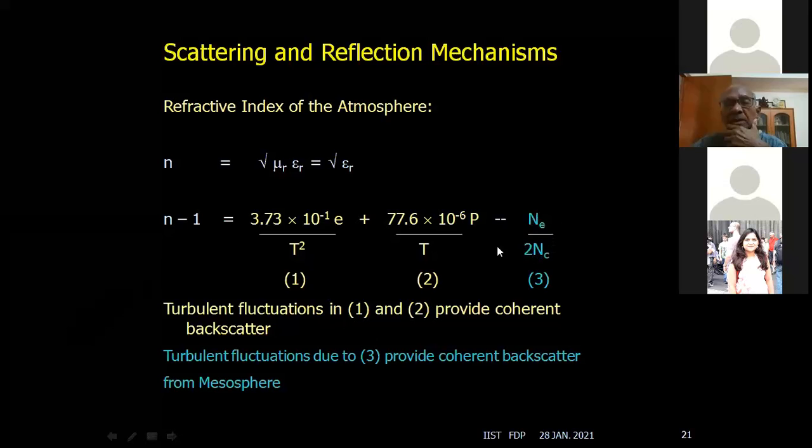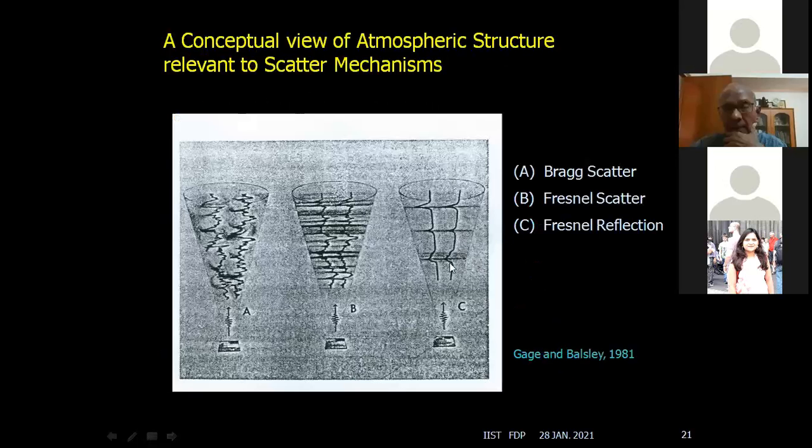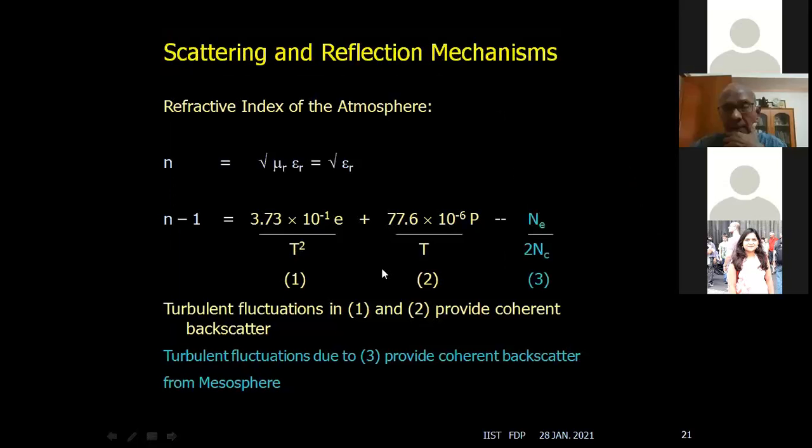This doesn't exist in the lower atmosphere. In the troposphere and stratosphere, this part is 0. So the first two contribute to the turbulent fluctuations and the Fresnel reflection from the atmosphere.